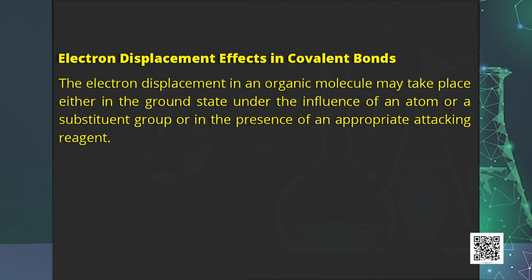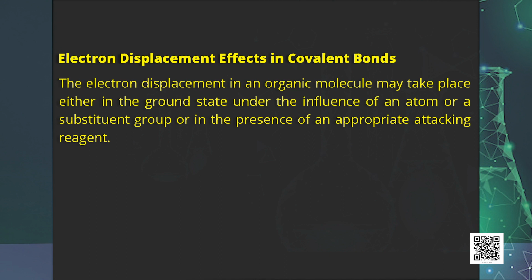After discussing this, our next topic is electron displacement effects in covalent bonds. The bonding pairs of the covalent bond in organic compounds undergo electronic displacements, either in the ground state or under the influence of an atom or a substituent group, or in the presence of an appropriate attacking reagent. These displacements may be permanent or temporary in nature.